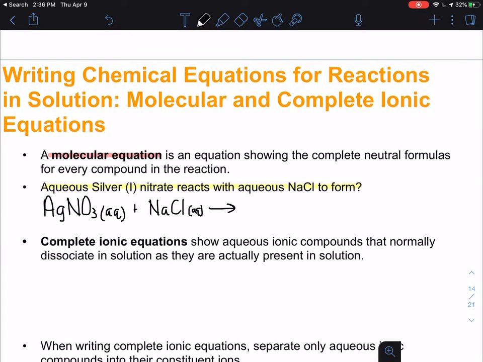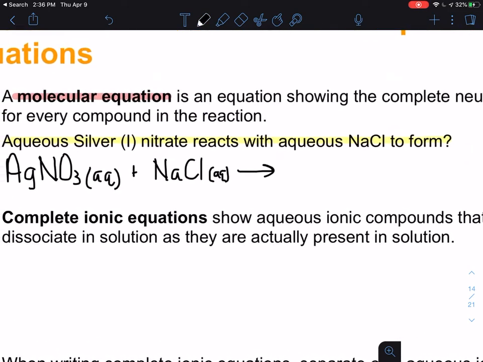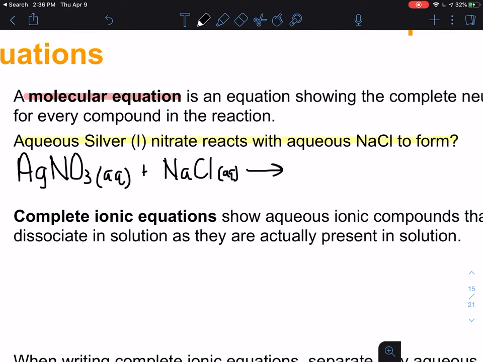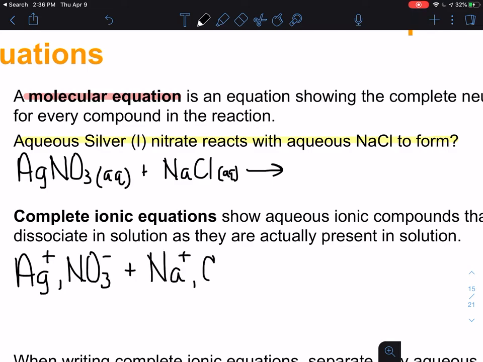Remember what I told you originally: I like for you to break these up if they're aqueous. I still want you to do that, but it turns out that is actually the first step in writing a complete ionic equation. So just bear with me. Ag plus, comma, NO3 minus, plus Na plus, comma, Cl minus.